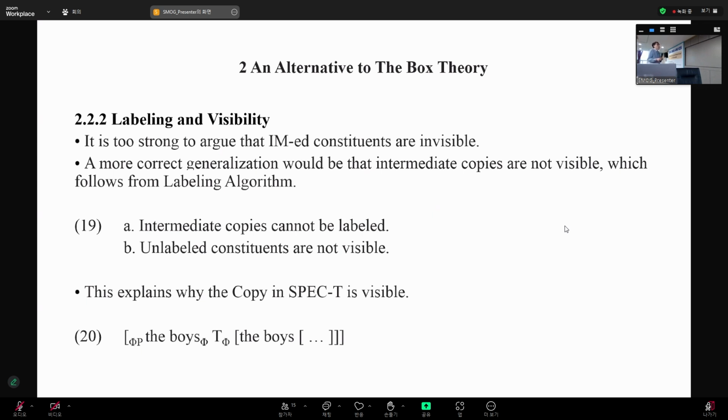Okay, I propose that the final copy in the landing site is feasible, but intermediate copies are not. Intermediate copies cannot be labeled, and unlabeled constituents are not feasible. So the copy of "who" in here is feasible, because there is a label in here. Labeling via feature sharing is possible in (20), that's why "who" is feasible.